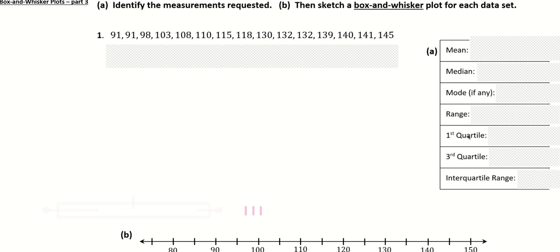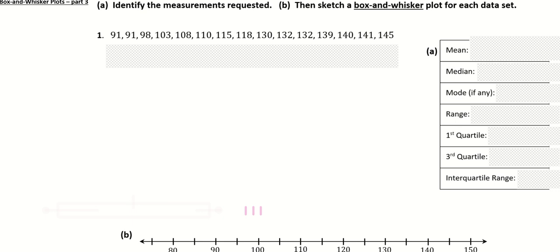Remember, that's another name for the lower quartile or the lower median. And then the third quartile, what does that mean? That means the upper quartile or the upper median. And then you also have to identify the interquartile range, and then sketch the box-and-whisker plot for the data based on some of these things, not all of them.